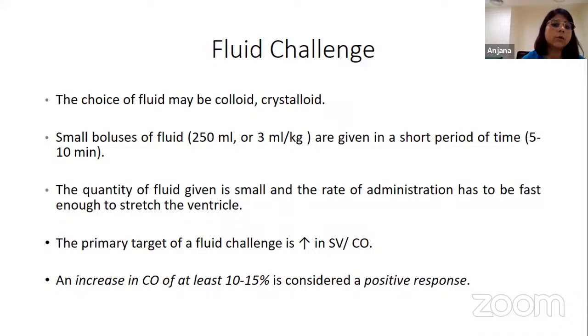If the patient is responding, that means the patient is fluid responsive. That's a fluid challenge. You have to avoid fluid loading, which was done before, where you would give fluid unblinded: give 1 liter, give 2 liters. That should not be the thing. Initially you can start, but then it has to be a guided fluid resuscitation to prevent fluid overload.